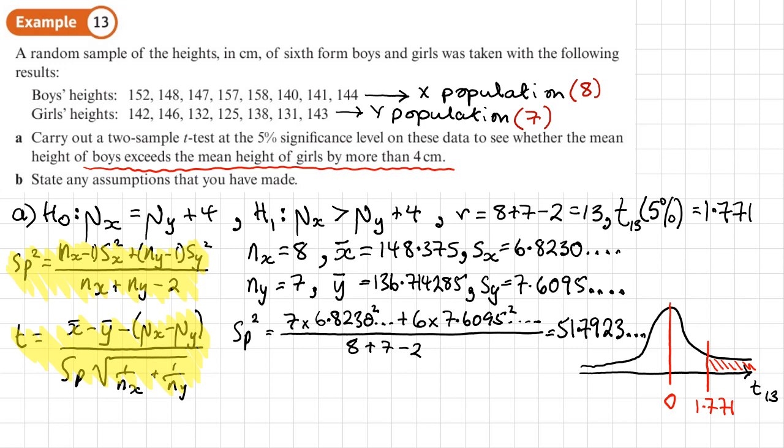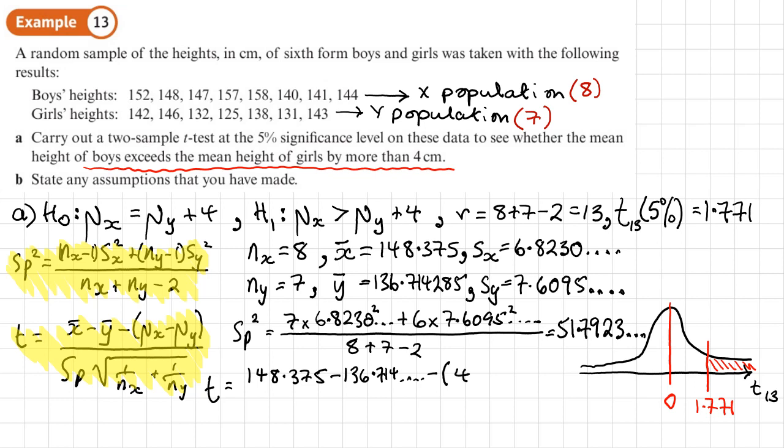Now I can work out my test statistic. So the mean of x, 148.375, minus the mean of y, 136.714, and then there's the 285, minus. Now if I subtract one mean from the other, basically the means are equal, I'm left with 4.